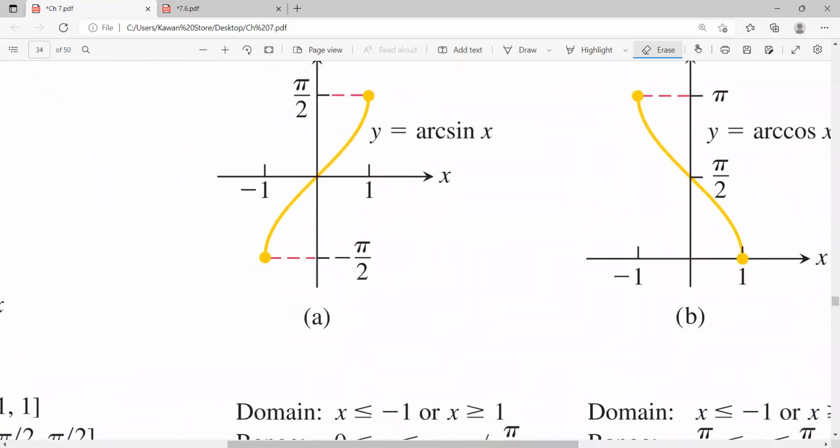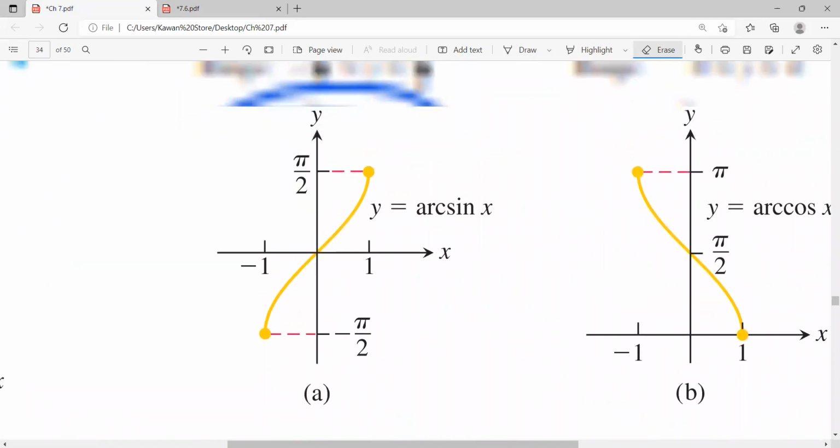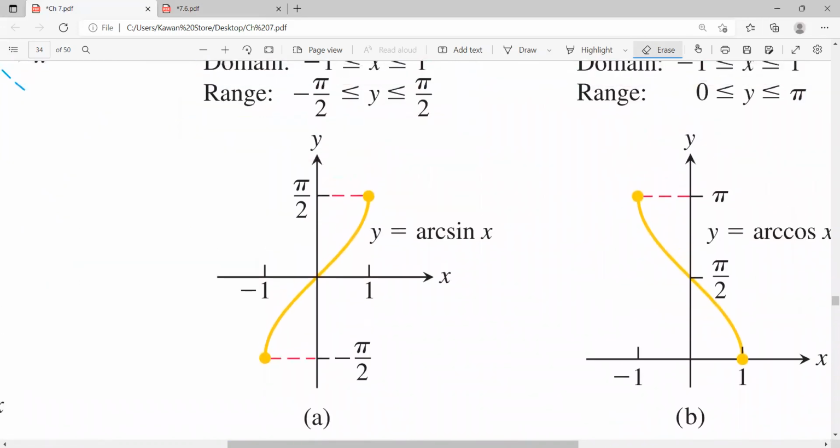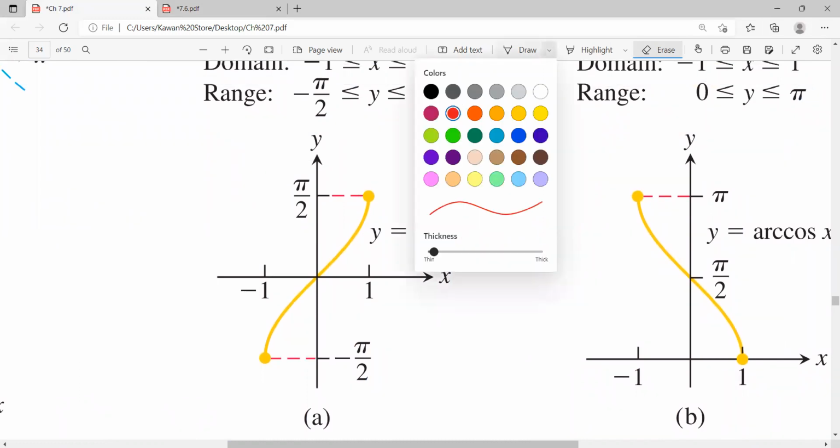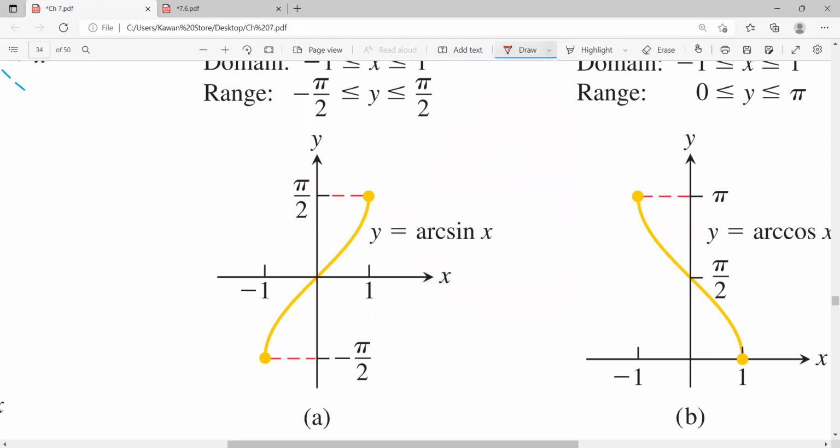Inverse, that one. -1, 1. Closed or open? Closed.